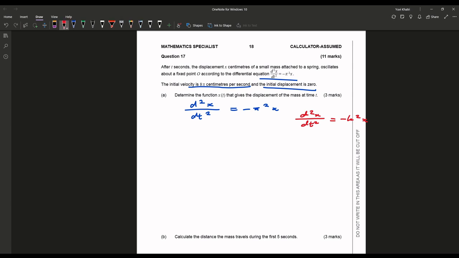Now this has a general solution where the displacement, x(t), equals A sine(kt plus alpha), where alpha is the phase shift. Here, we can just put everything in. So we're given x(t) equals A sine, k is π, so we have π t plus alpha.